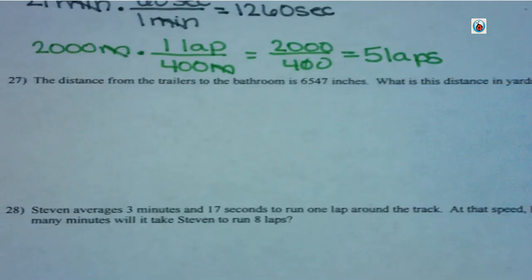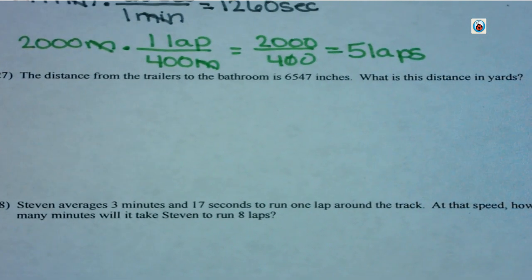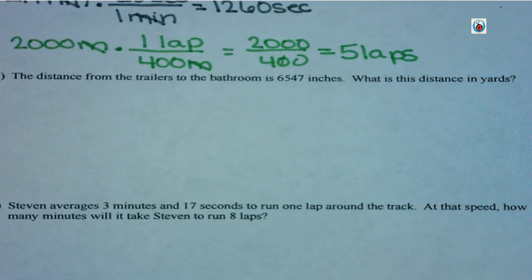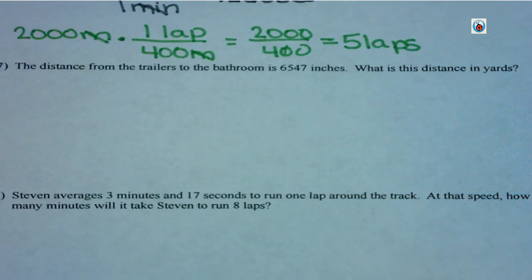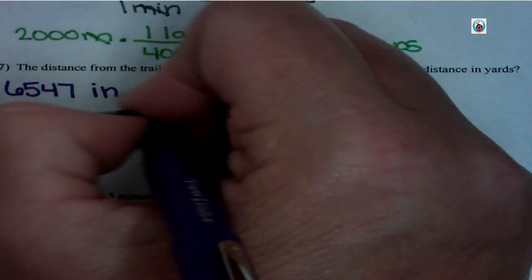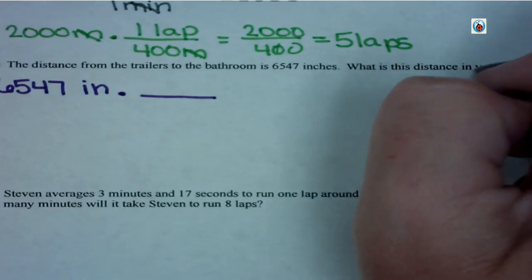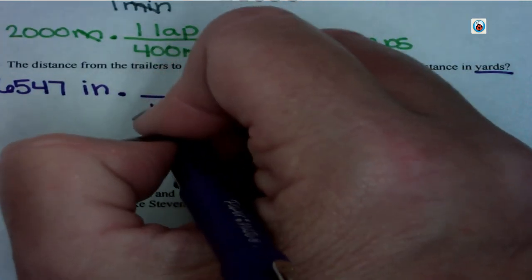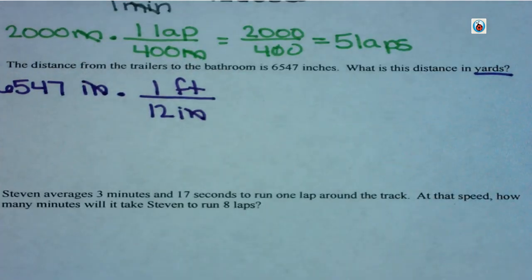Okay, 27. It says the distance from the trailers to the bathroom is 6,547 inches. What is that in yards? So we're trying to convert from inches to yards. Well, there's not a straight conversion between inches and yards, but I know there's 12 inches in 1 foot. So now I have the unit of feet.